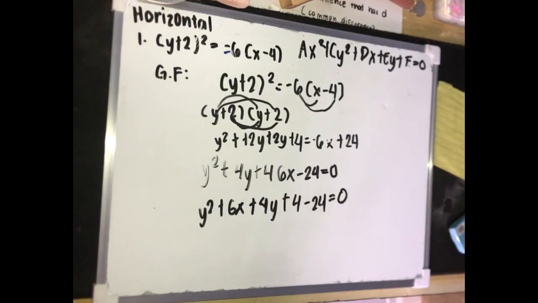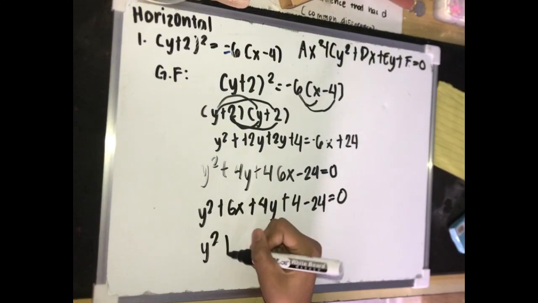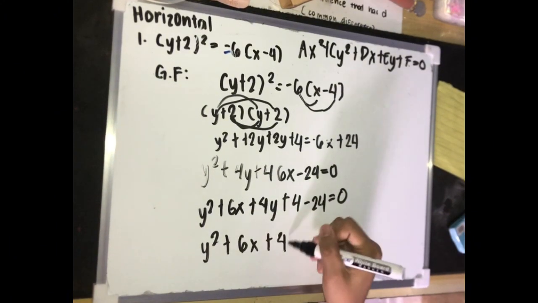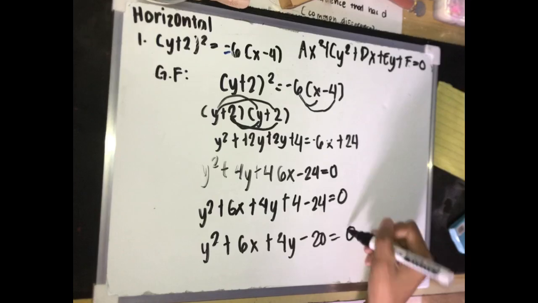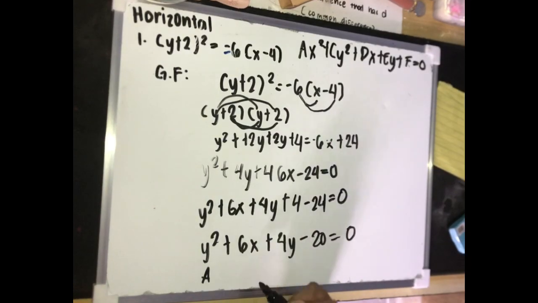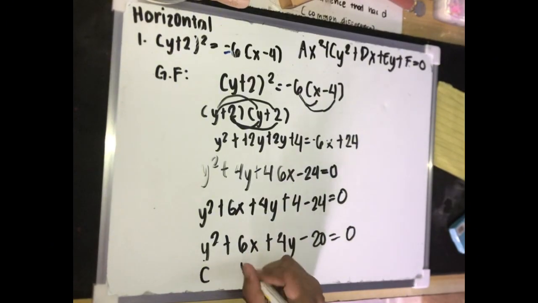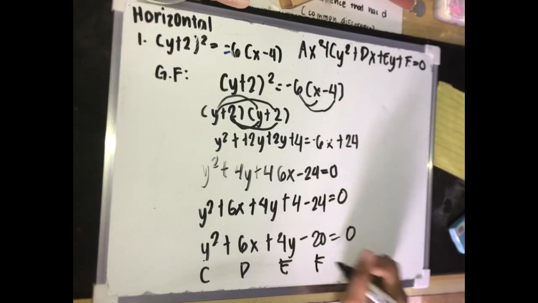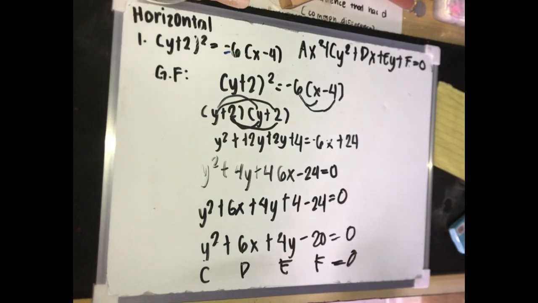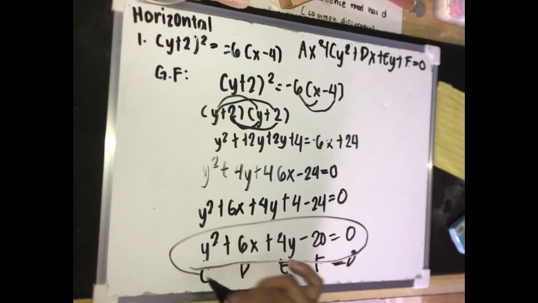Ngayon, ang magiging sagot po natin dyan, if i-arrange natin siya ng final, ay ganito. Ito yung A, ito yung C, ito yung D, ito yung E, ito yung F, equal 0. So, ganun na po siya kadali. Ito po yung general form natin.